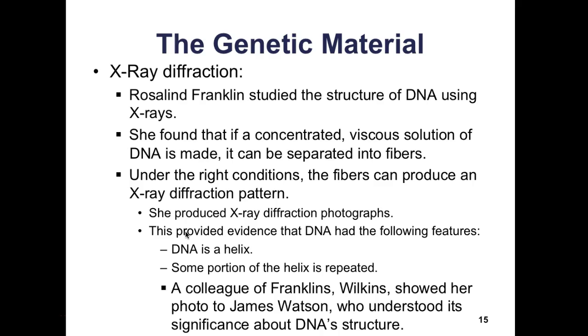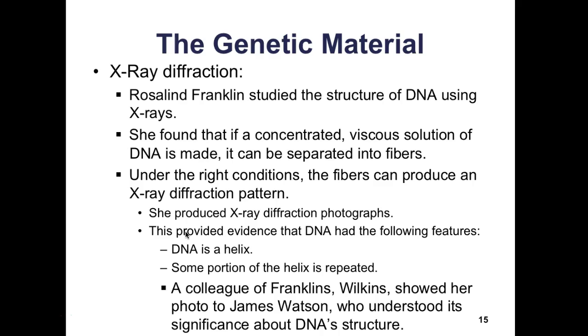She found that if a concentrated viscous solution of DNA is made, it can be separated into fibers. Under the right conditions, the fibers can produce an X-ray diffraction pattern. She produced the X-ray diffraction photographs, and this provided evidence that DNA had the following features. 1, DNA is a helix, and 2, some portion of the helix is repeated.